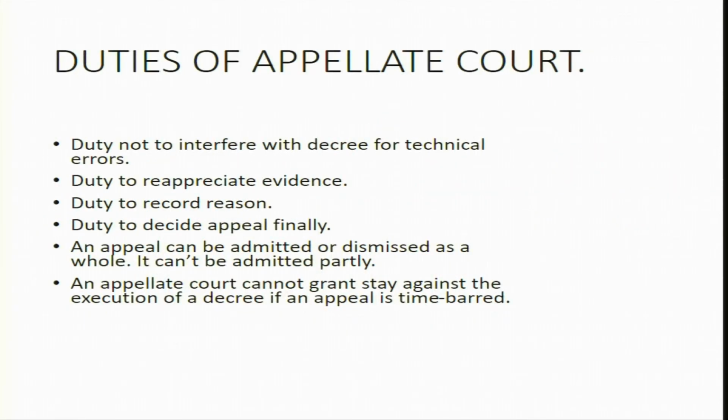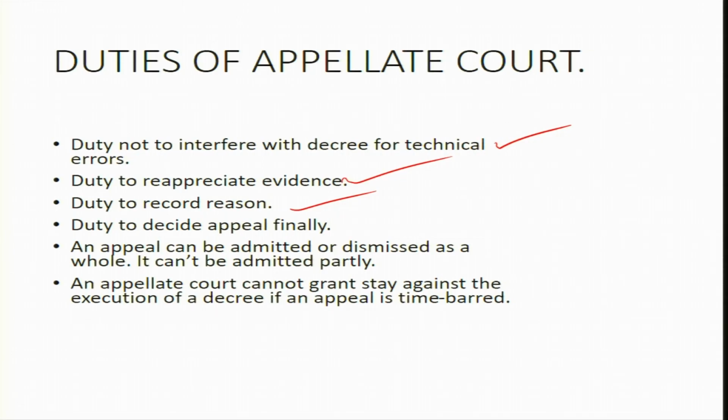These are the duties of the appellate court. Duty not to interfere with the decree for technical errors, because ultimately the end of justice is important. Technical things are small and not important. Reappreciating the evidence, and the duty to record reasons, is also a duty of the appellate court, because without recording reasons there will be a violation of natural justice.